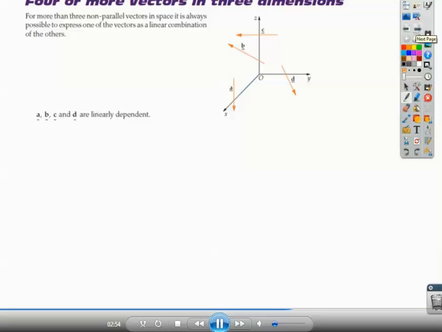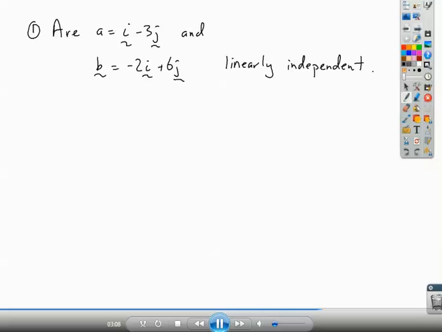Okay, what if we've got 4 or more vectors in 3 dimensions? Well, as soon as you've got more vectors than you have dimensions, then they're linearly dependent. So 3 vectors in 2 dimensions or 4 in 3 dimensions.